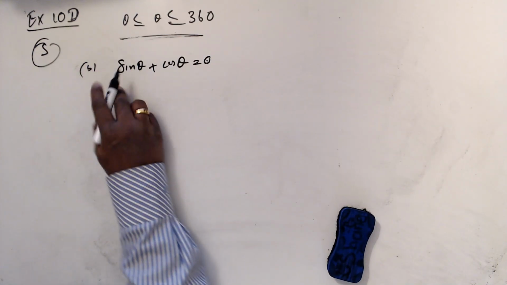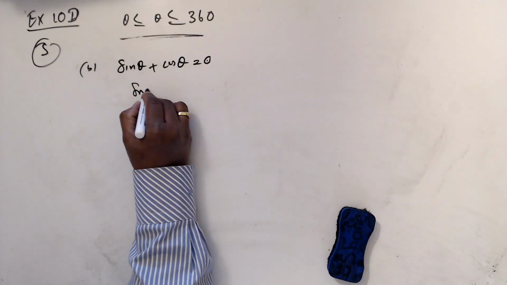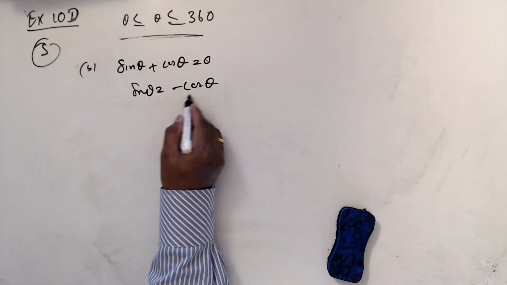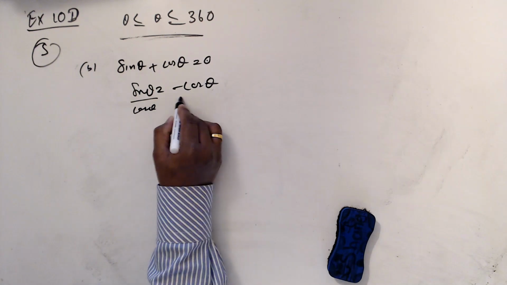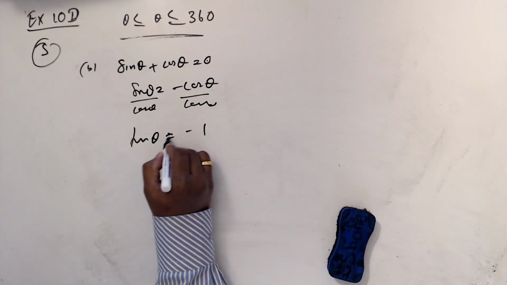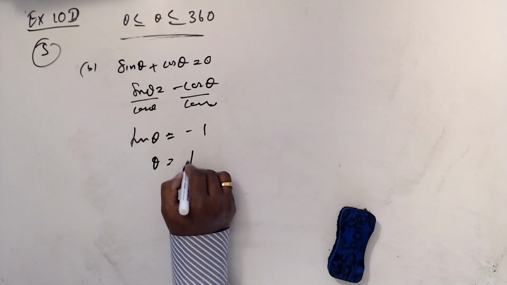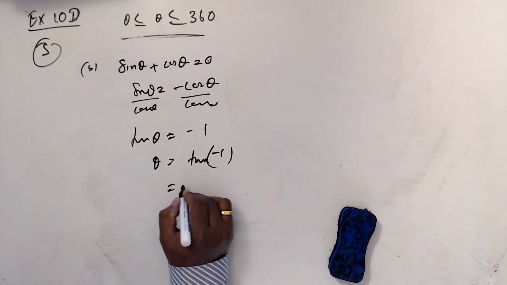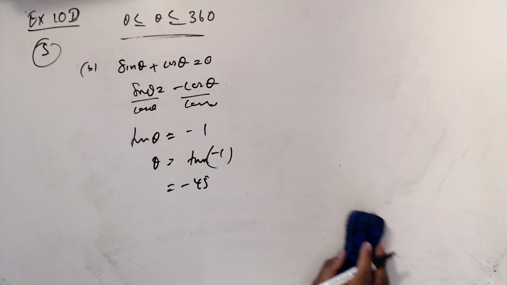B, sin theta plus cos 30. So sin theta equal minus cos 30 and then divide both sides by cos 30. So tan theta equal minus 1. Theta equal tan inverse minus 1. Answer is minus 45.